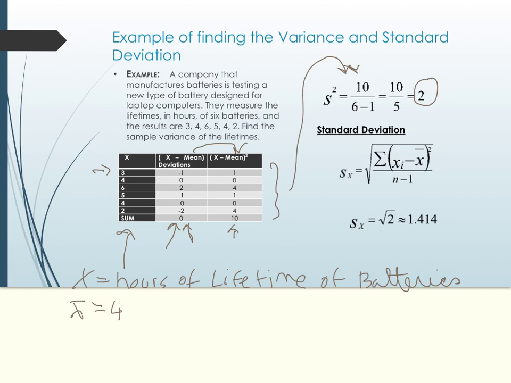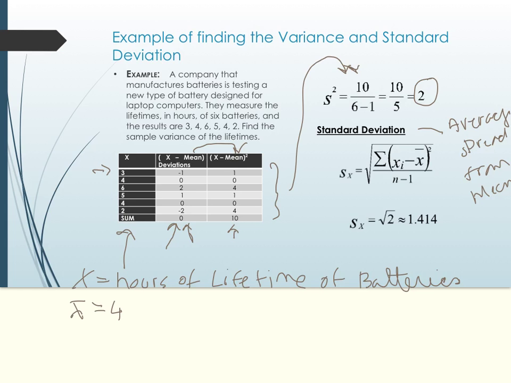So the variance is 2. But this is s squared. It is squared, so we have to take the square root to get the average spread from the mean.